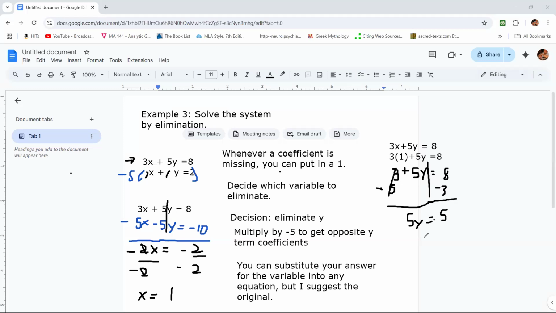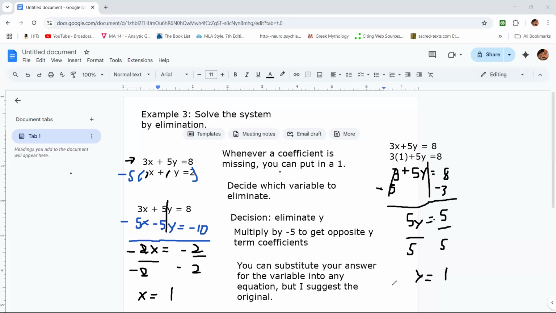Okay, I'm going to divide here by 5 on each side of the equation. And I'm going to get y is equal to 1.